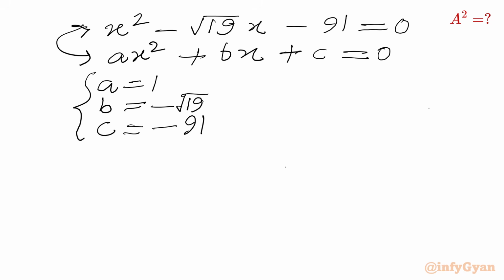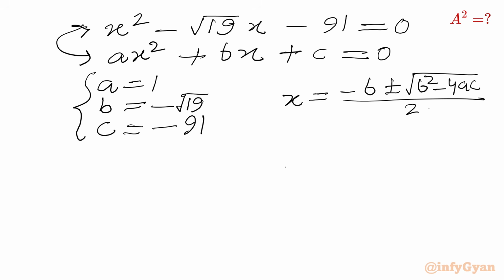Now we have a, b and c, and we know the quadratic formula is x equal to minus b plus minus square root b square minus 4ac over 2 times a. Let's plug in all the values to get x1 and x2.